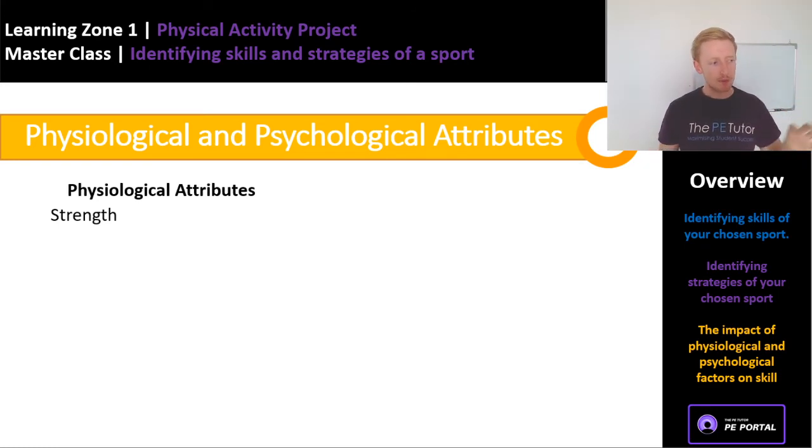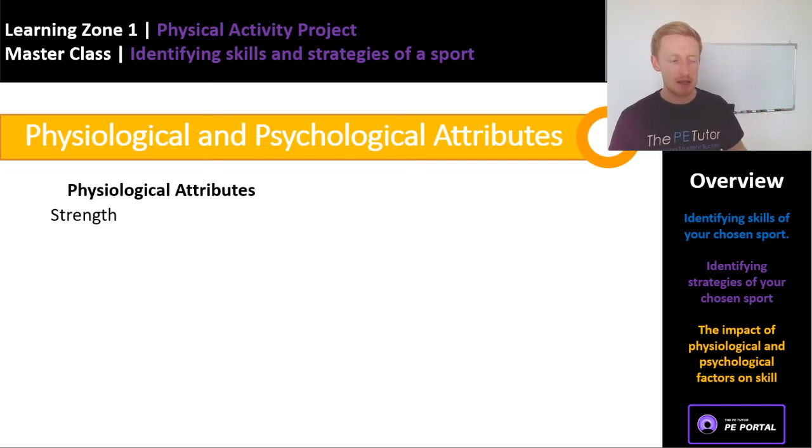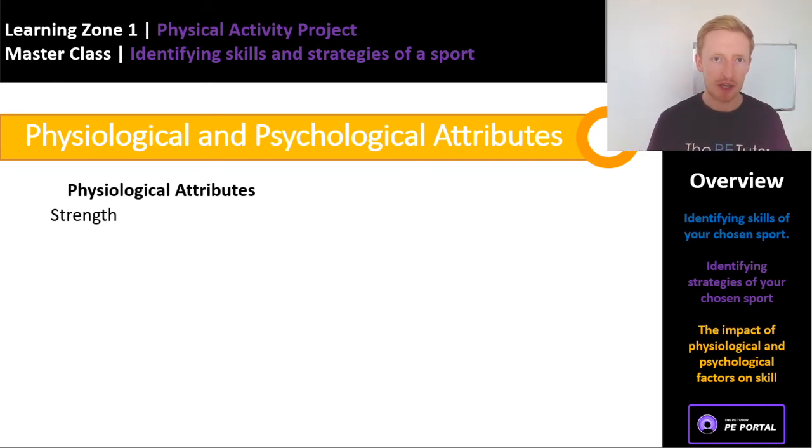So watching a performance, are you consistently strong in a rugby tackle? Yes, well, you're probably high level. If you are occasionally strong, but more often than not get muscled off the ball, you're probably not a very good defender. In basketball, football, netball, defending your space.